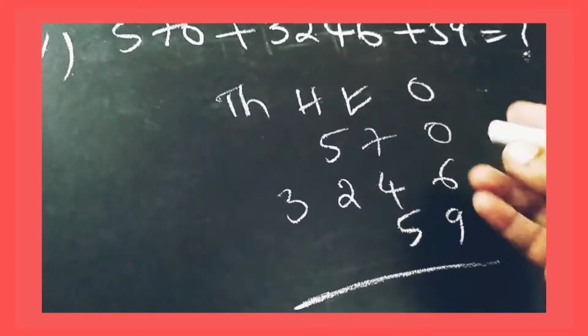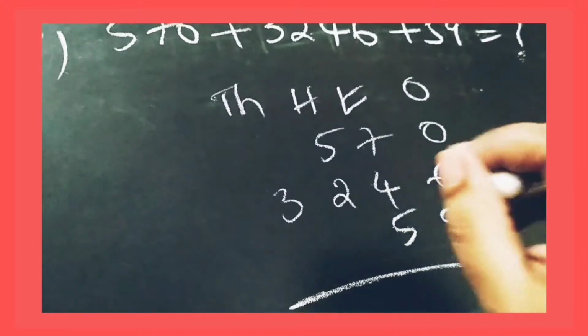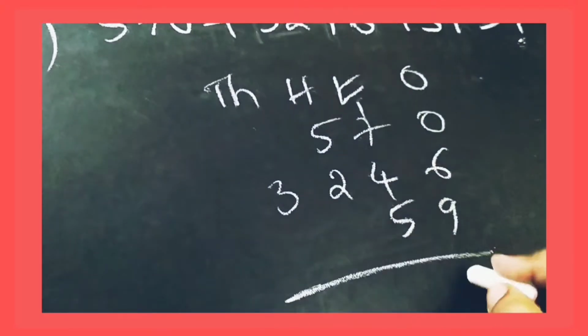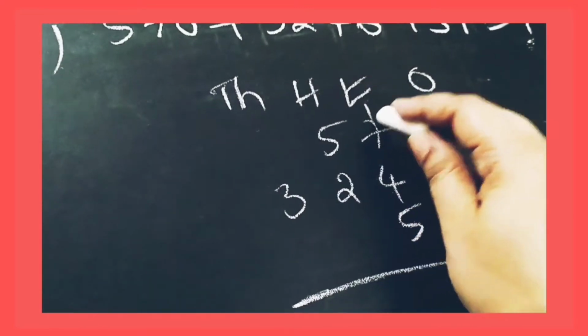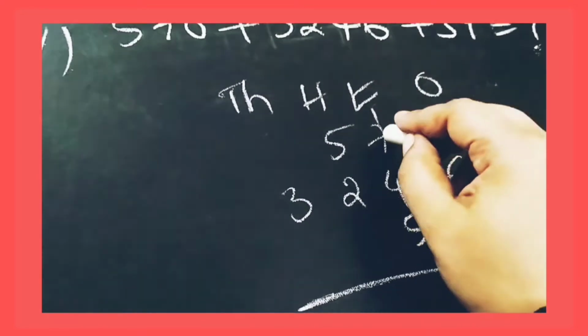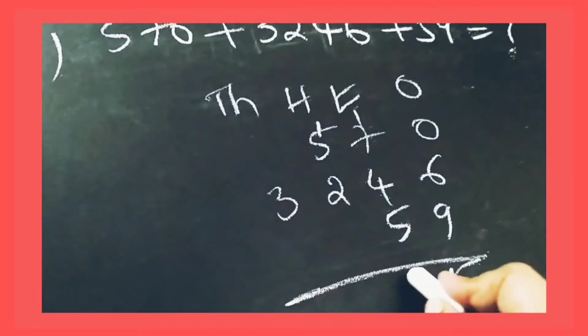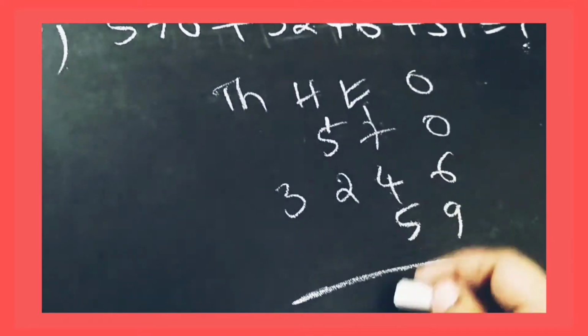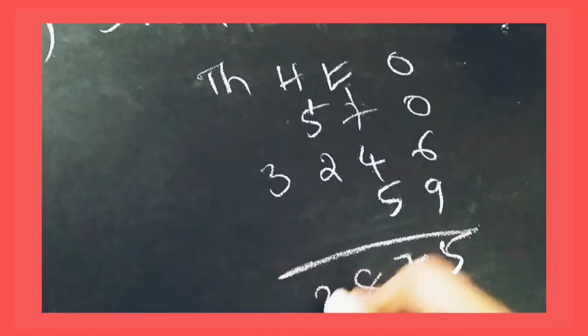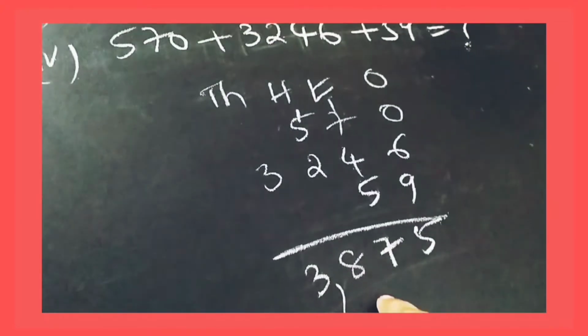Now 9, 10, 11, 12, 13, 14, 15. Okay. 5. 4 plus 1 is again 5. 5 plus 5 is 10. 10 plus 7 is 17. So it is 5, 6, 7, 8. 3. It is 3875.